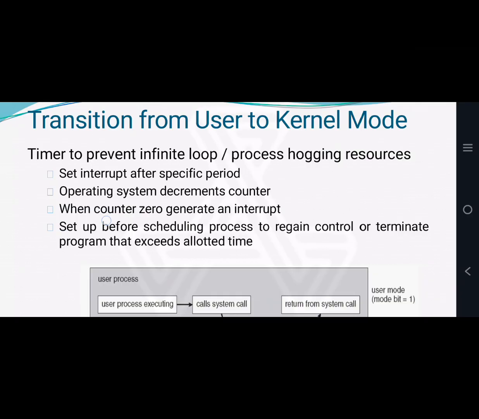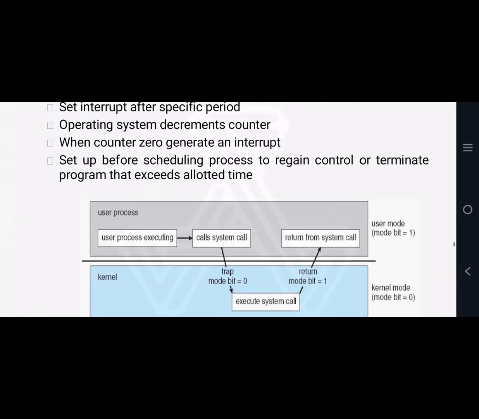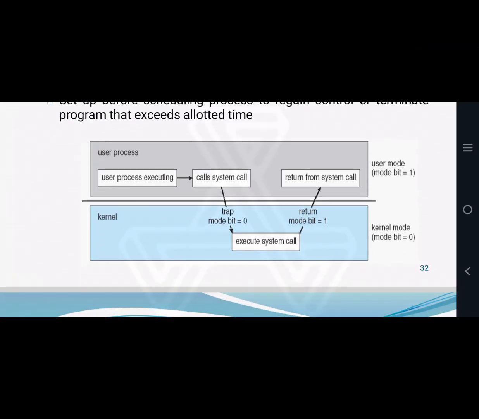This is set up before scheduling a process, to regain control or terminate a program that exceeds its allotted time. User process executing, calls system call, trap, mode bit 0, execute system call, return from system call, mode bit 1. User mode, kernel mode.